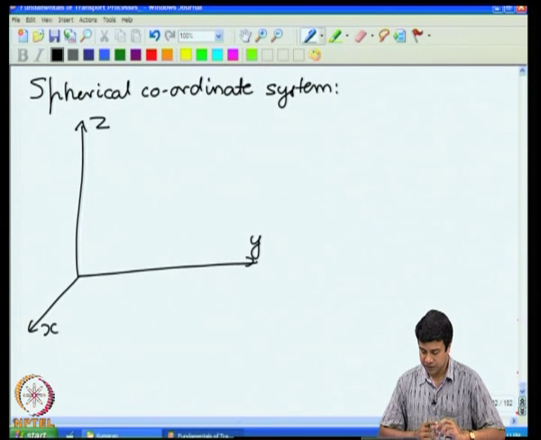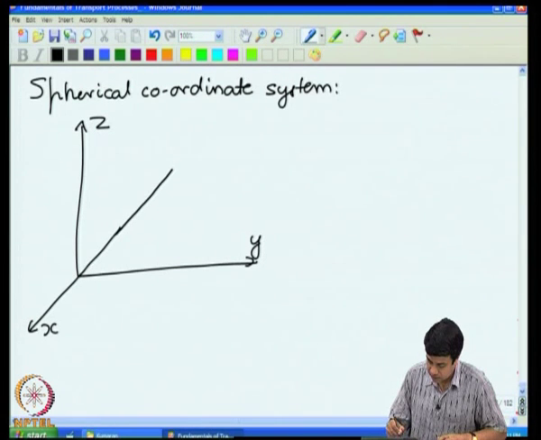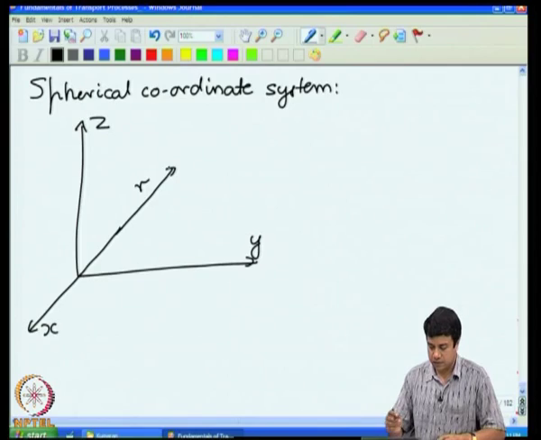So, in that case, if you put the coordinate system at the center of the particle, the surface of the particle is a coordinate of constant r, where r is the distance from the center of the coordinate system.